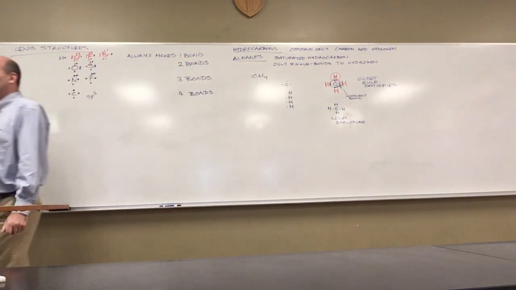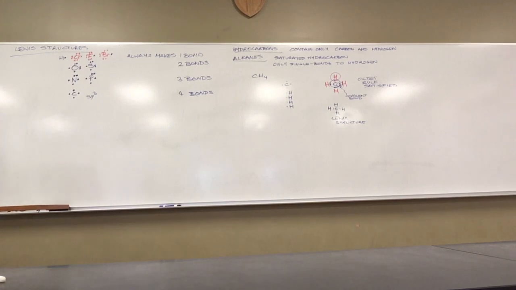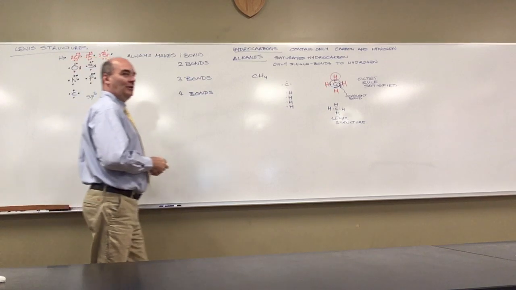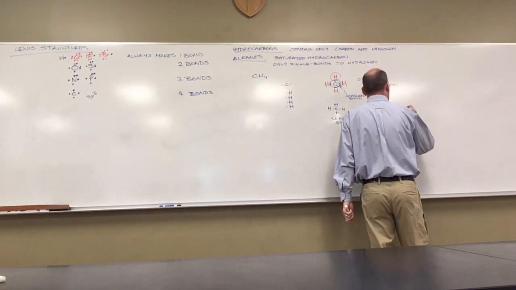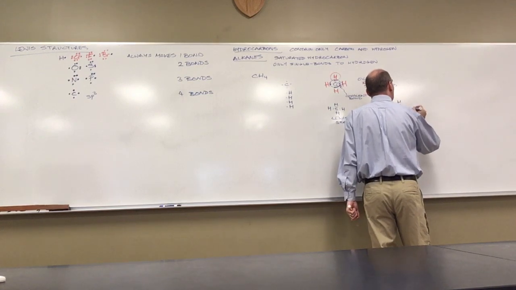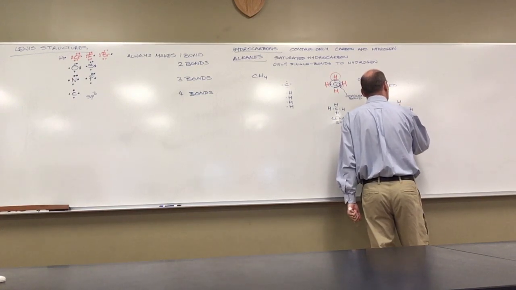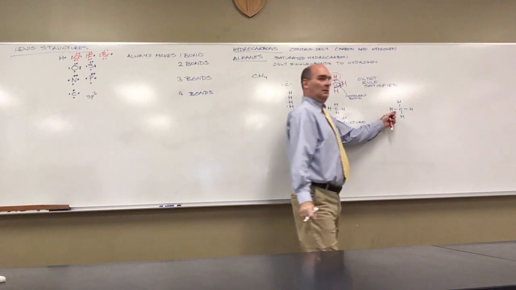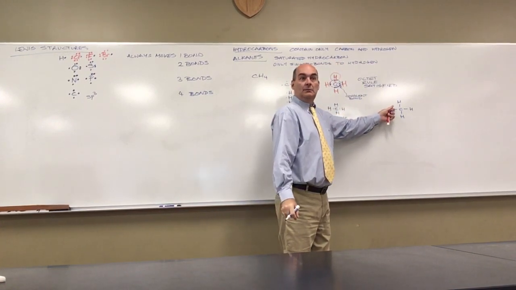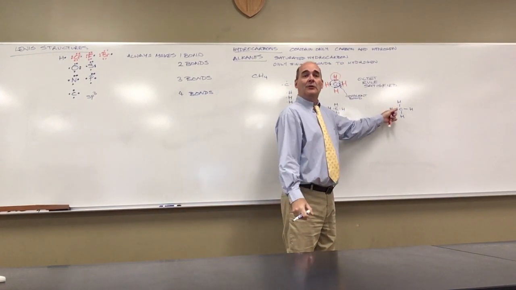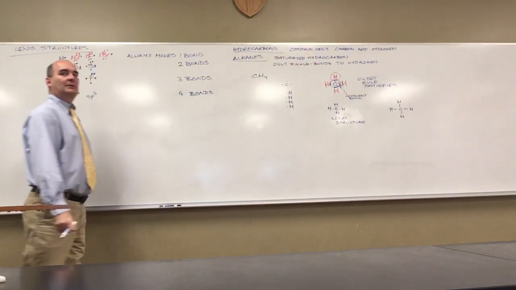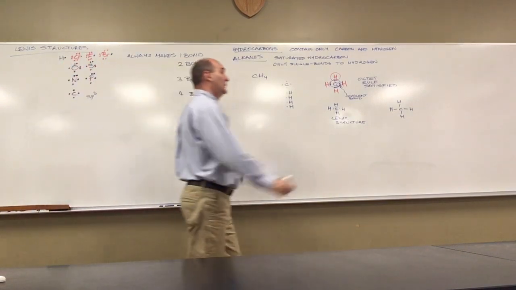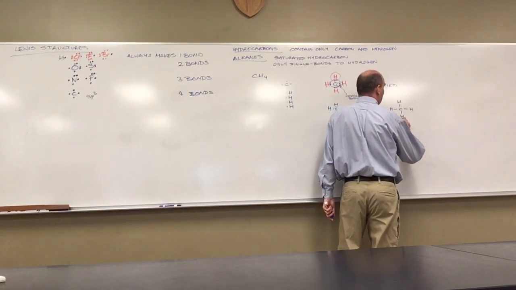If during the course of this term you were ever asked to show the Lewis structure, and you show me a representation with the line, where the line represents a bond and the bond represents 2 electrons, you have not drawn me a Lewis structure. You've drawn me something else. This is a Kekule structure.